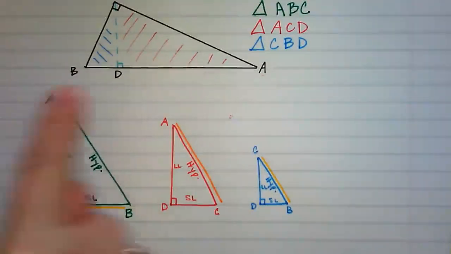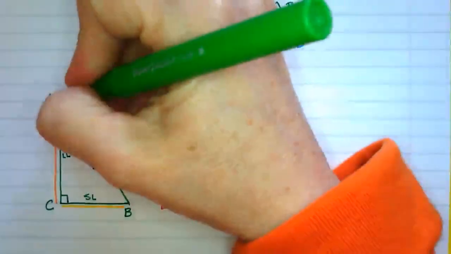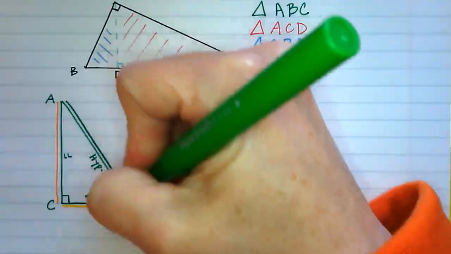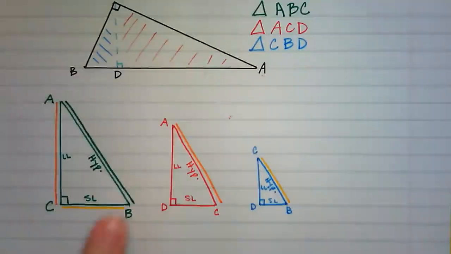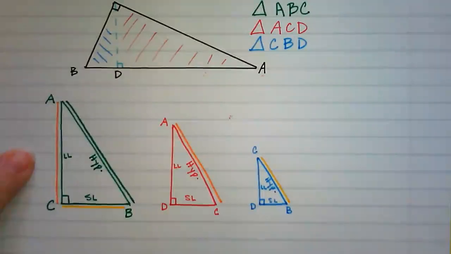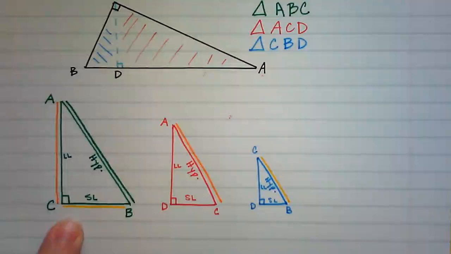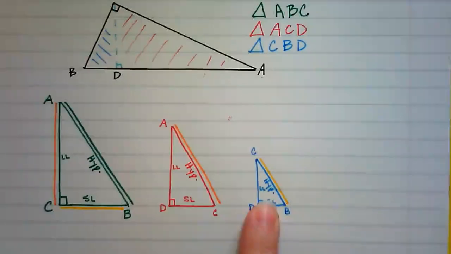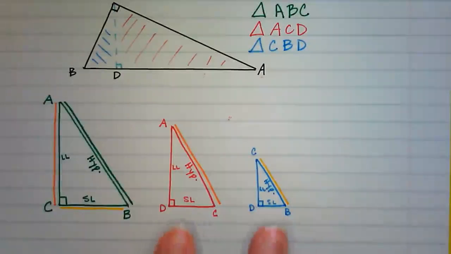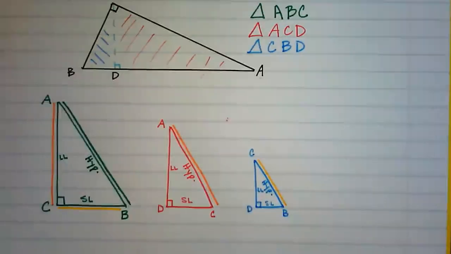So what happens is Papa Bear is just three different hypotenuses. Papa Bear is his own hypotenuse, his long leg is Mama Bear's hypotenuse, and Papa Bear's short leg is Baby Bear's hypotenuse.